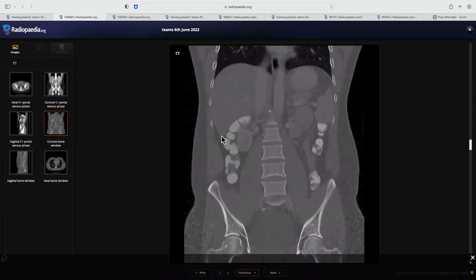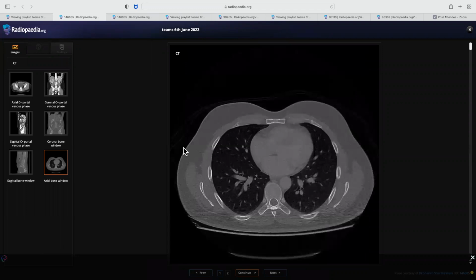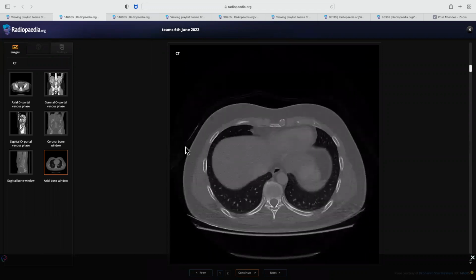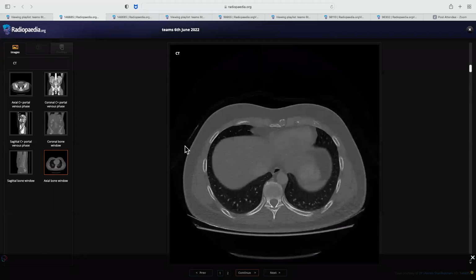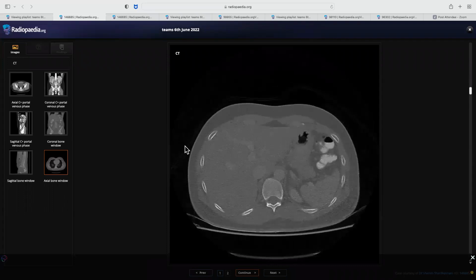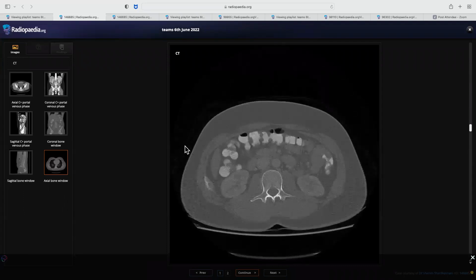Based on these findings, is there a chest also available, or is this just the bone window? That's the bone window, just to see the bones better. Okay. I do not find any other abnormality apart from the expansile osteolytic destruction of the right 11th rib.